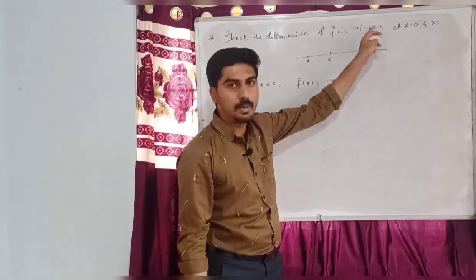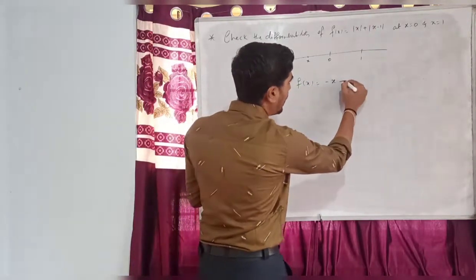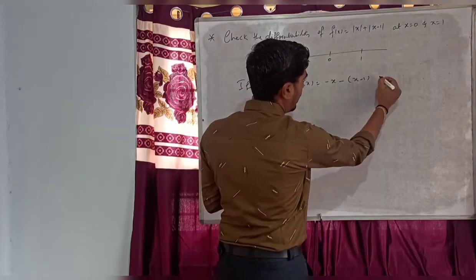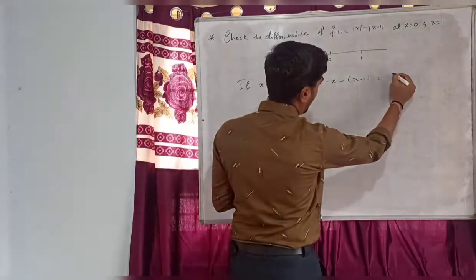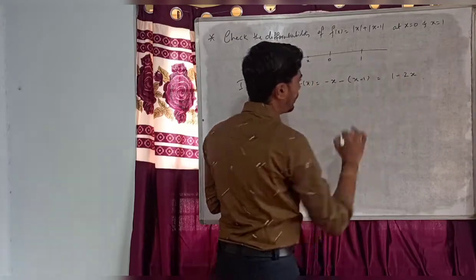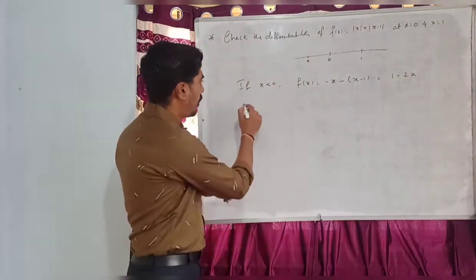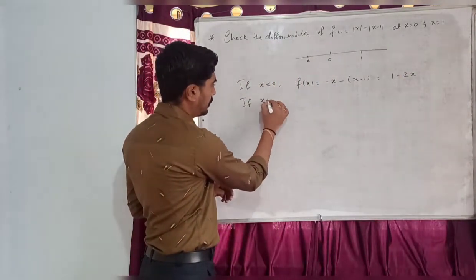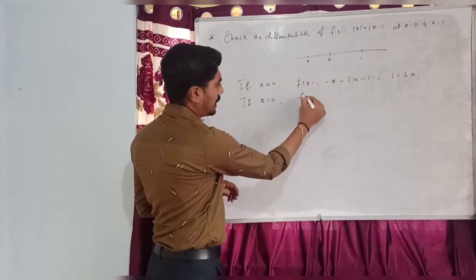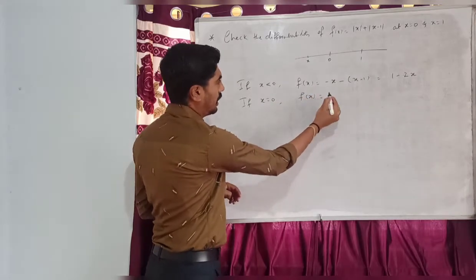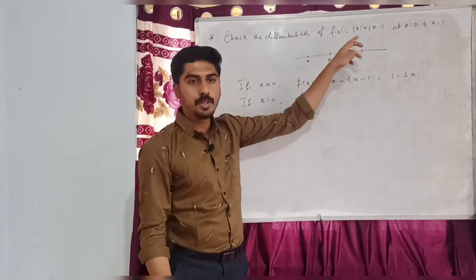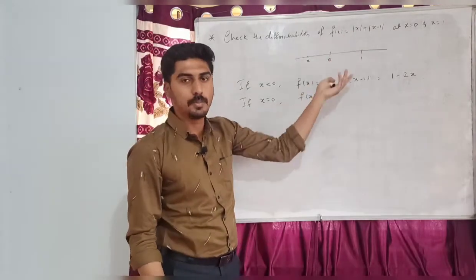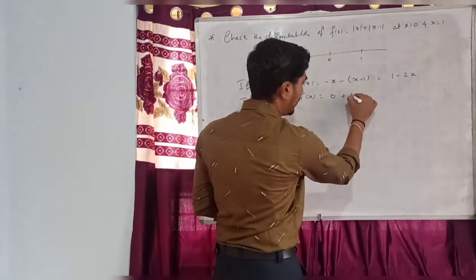Therefore, this will be equal to minus of x minus 1. So I get here 1 minus 2x. Now for x equal to 0, the function is defined as mod 0 is 0, so mod of minus 1 will be equal to 1. So 0 plus 1 is equal to 1.